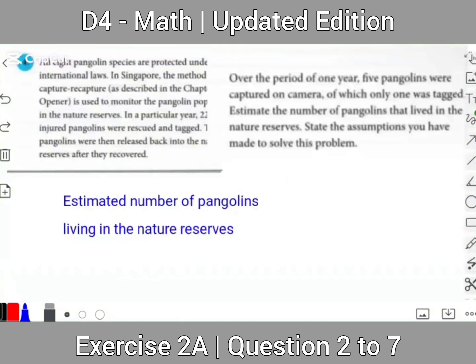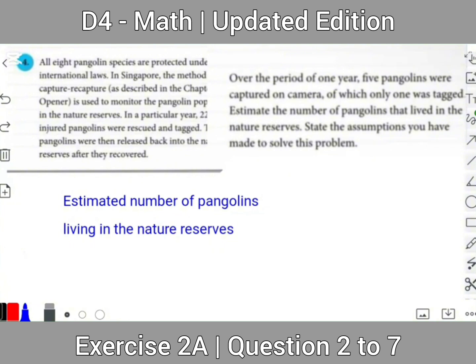Question 4. All 8 pangolin species are protected under international laws. In Singapore, the method of capture-recapture is used to monitor the pangolin population in the nature reserve. In a particular year, 22 injured pangolins were rescued and tagged.